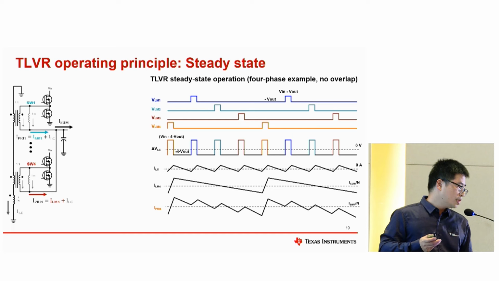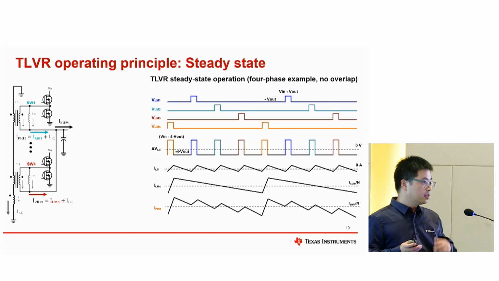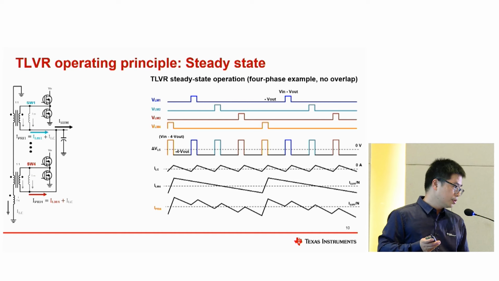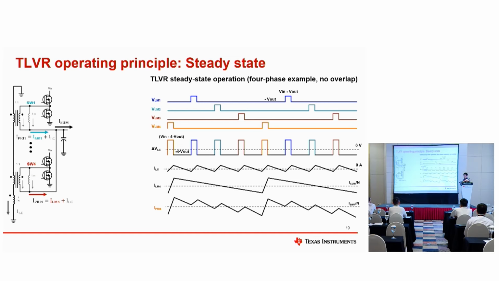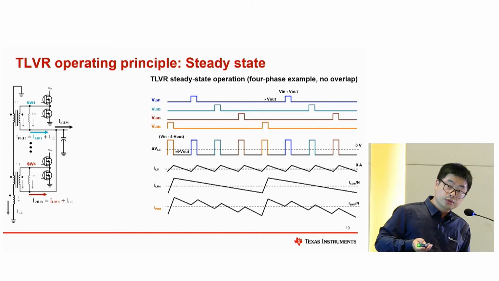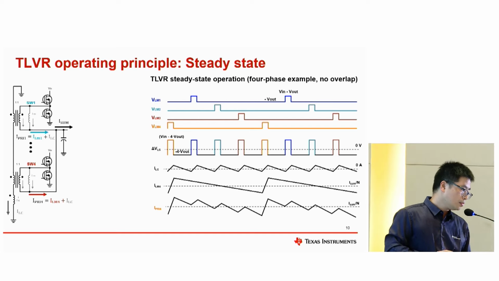The most important concept to realize here is that the primary current from each phase is the sum of the magnetizing current and the LC current. This is very important. And the switching state of each phase influences the voltage across the LC inductor.